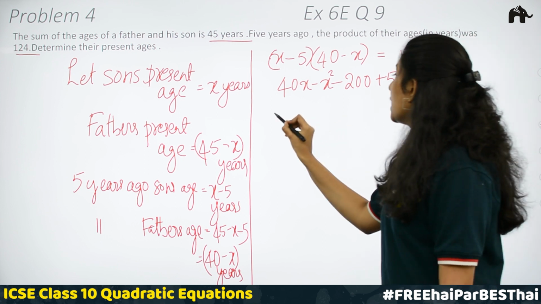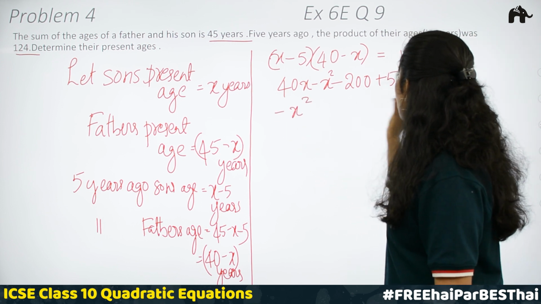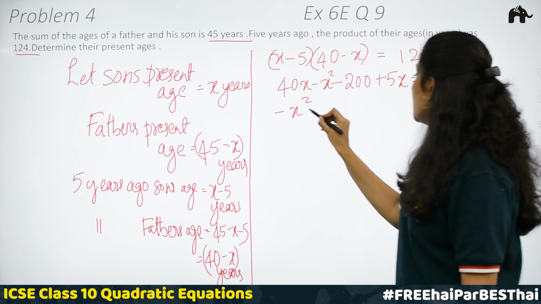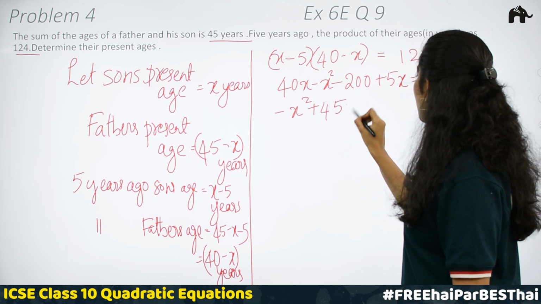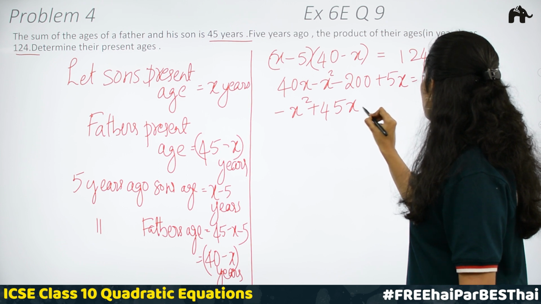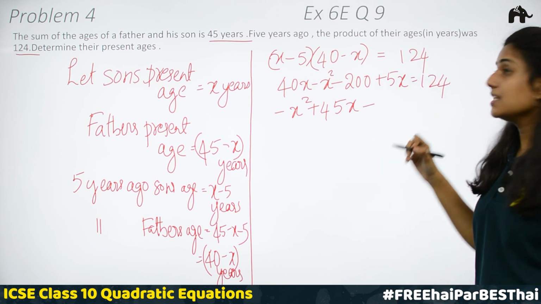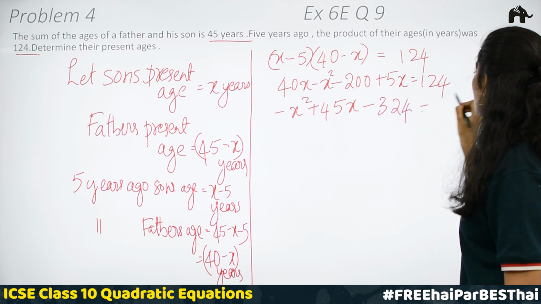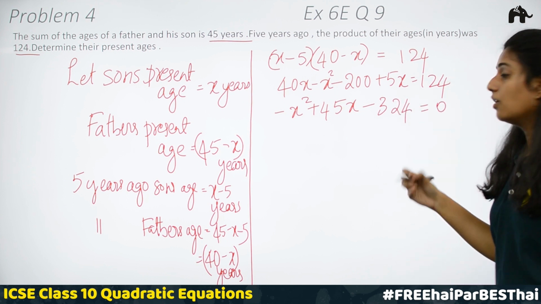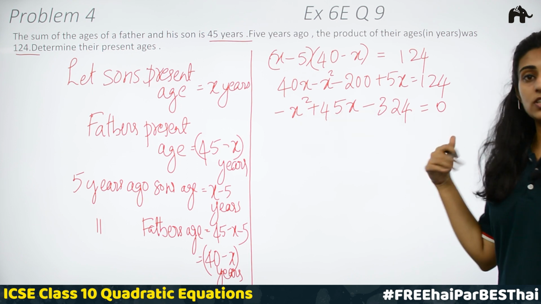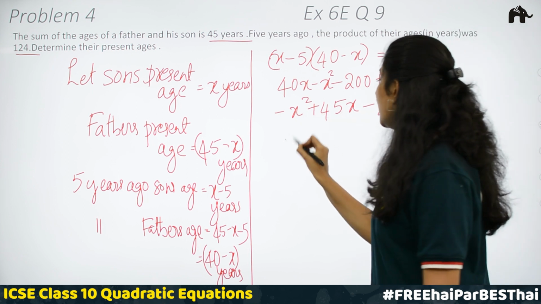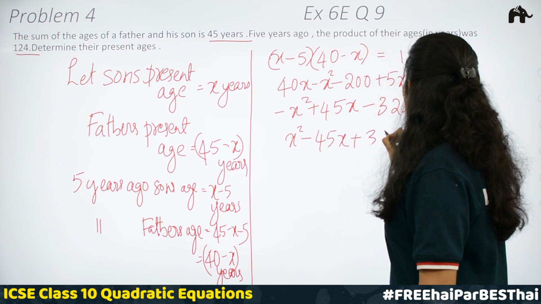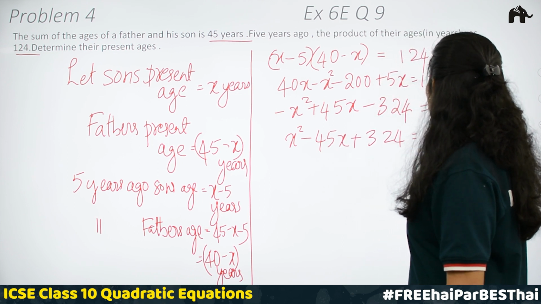Rearranging, minus x square, 40x plus 5x is 45x, minus 200 minus 124, that is 324, is equal to 0. Dividing throughout with negative 1, we get x square minus 45x plus 324 is equal to 0.